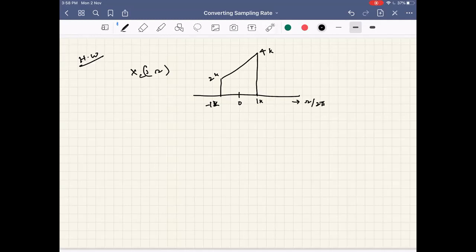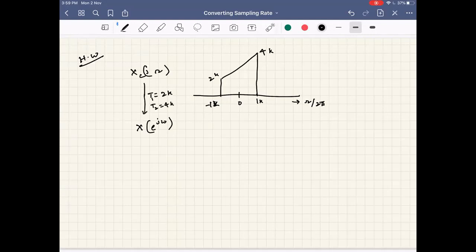For this, what I suggest you to do is, how will be the spectrum of the sampled signal x of e power j omega if we sample this at T1 equal to 2k and T2 equal to 4k.